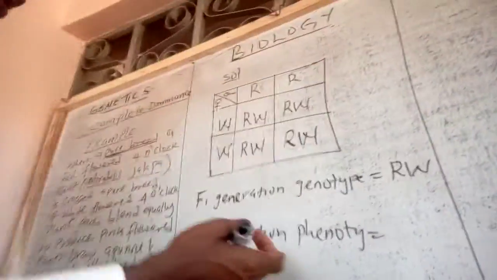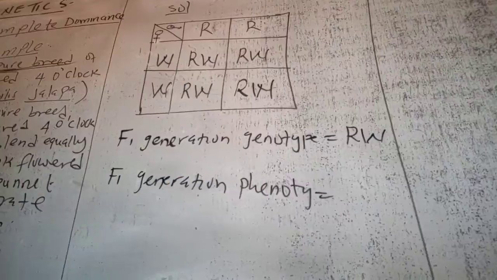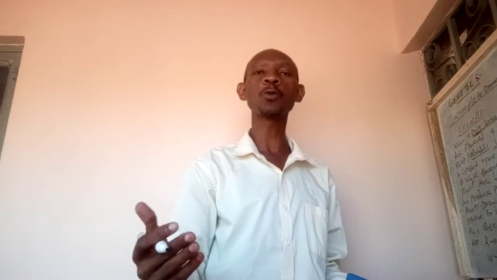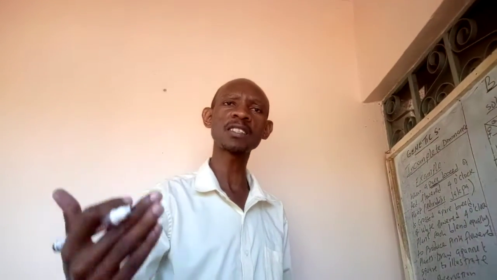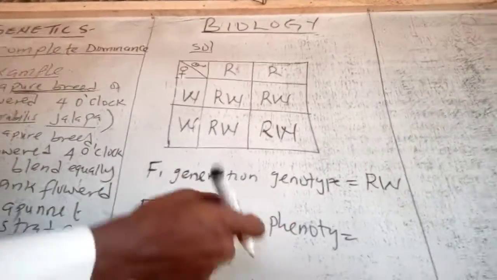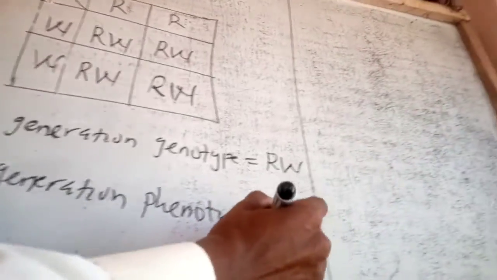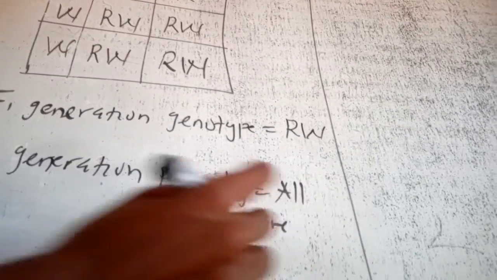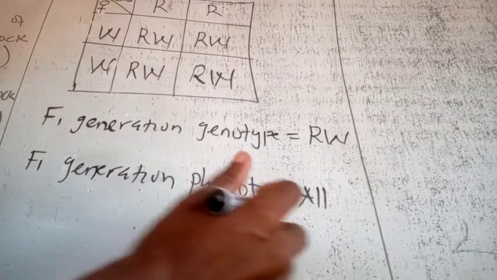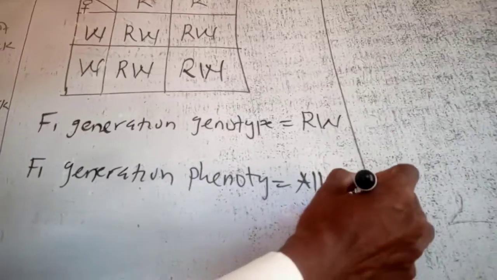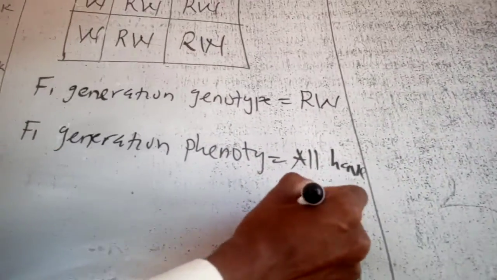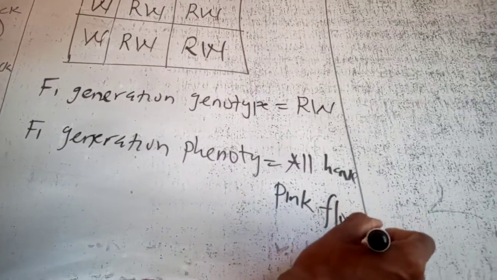As far as the phenotype is concerned, previously I defined phenotype as the outward or physical appearance of an organism. For this question, we give the phenotype for all 4 of them: all have pink flowers.